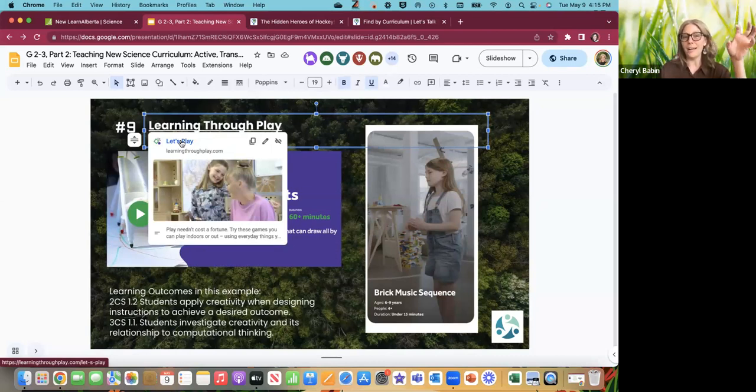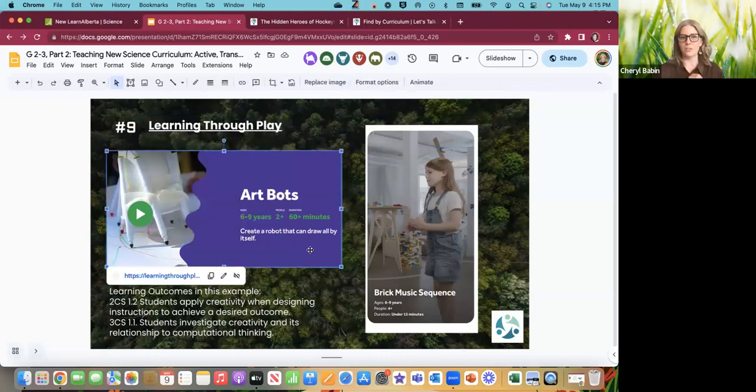So while combining competencies with the science outcomes, you can see that I've selected applying creativity when designing instructions. This comes from the computer science organizing idea, and also students investigate creativity and its relationship to computational thinking in grade 3.